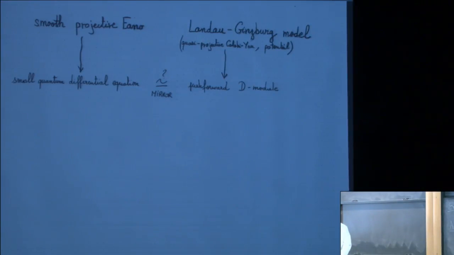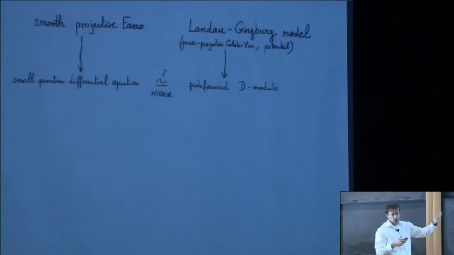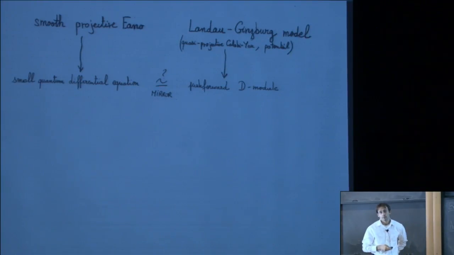Yeah, so that's the flavor of mirror symmetry I'm aiming at. It's the case where you have a Fano type mirror pair, and you look at the smooth projective Fano as the A side, and you extract this quantum differential equation. Small means you restrict to quantum multiplication by H2.